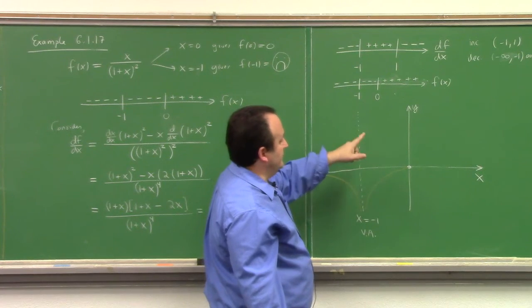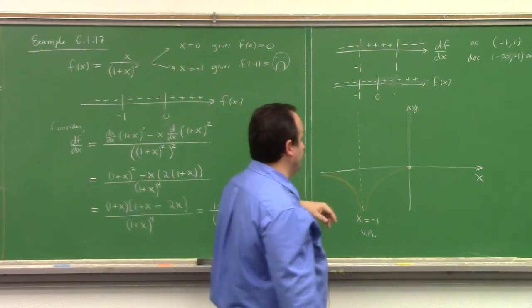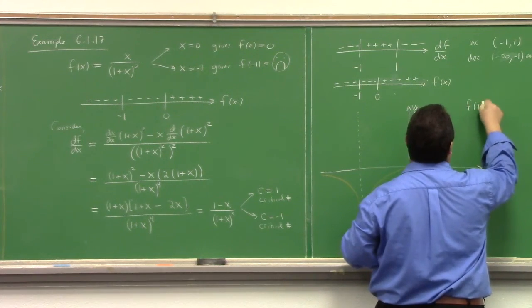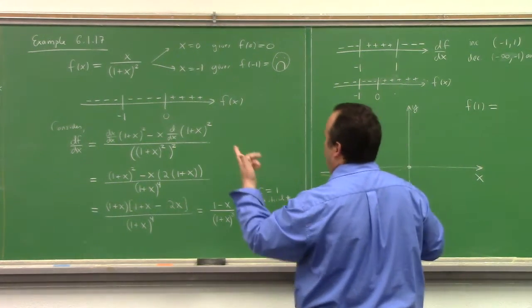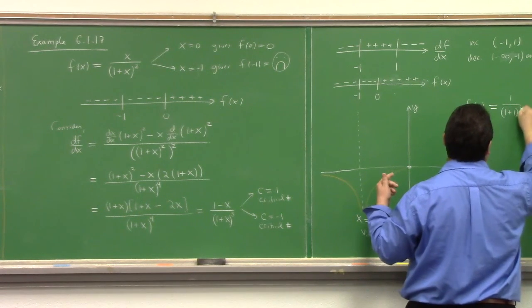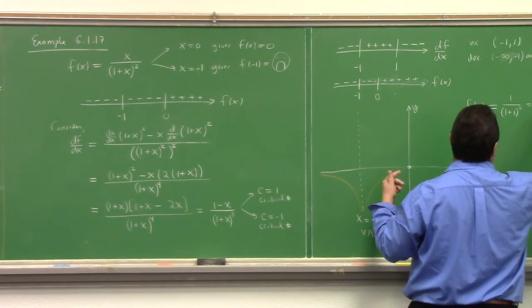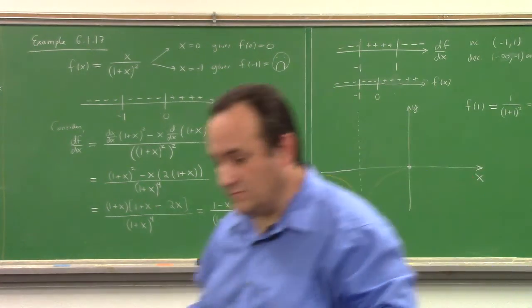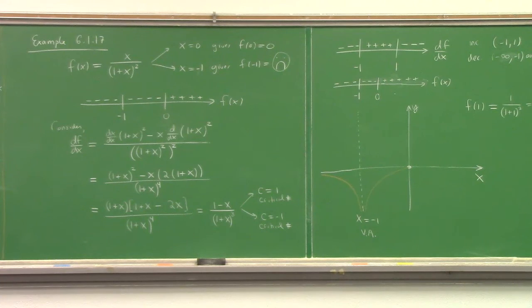And what happens at 1? What's f of 1? It's 1 over 1 plus 1 squared, which is otherwise known as 1/4, right? The 2 is squared, though, right? Is that a local max or a local min?